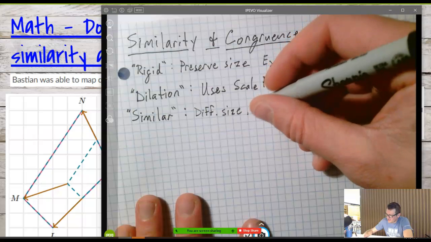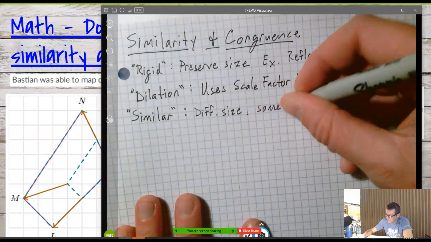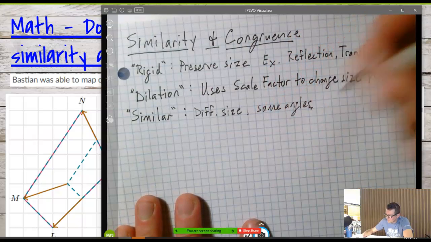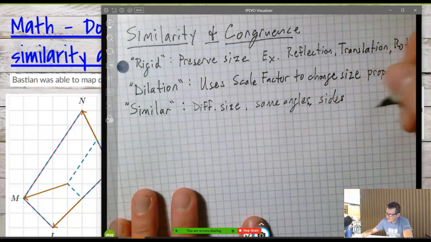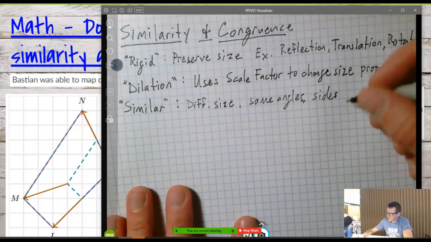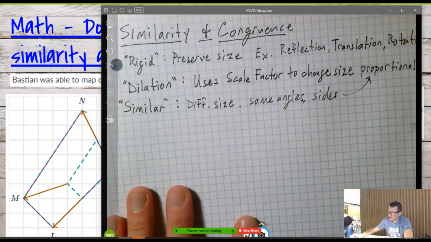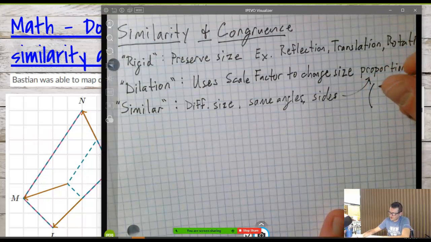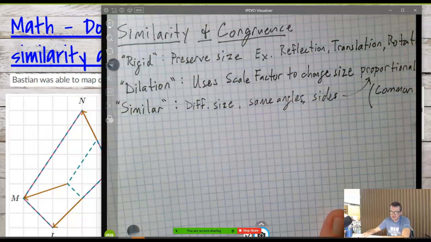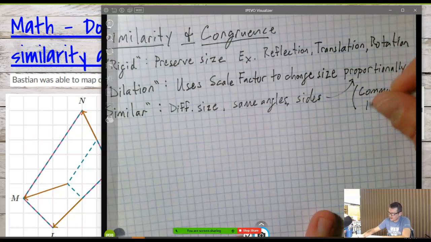Ooh, so yeah, different size, same angles. And the sides are proportional, right? So we could actually just kind of draw an arrow up. So our sides are going to, proportional tells us there's a common, exactly what I think it was Kaylin said, there's a common ratio.